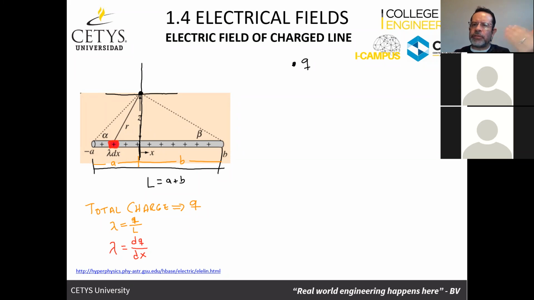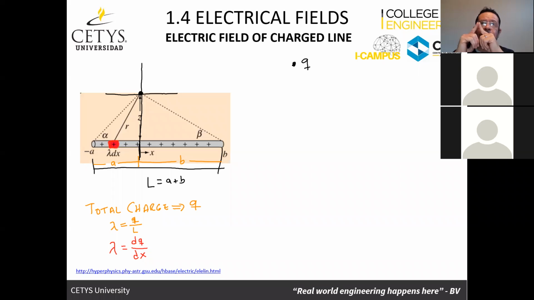And by the way, why am I using the same lambda? Because lambda is a constant. So if I analyze the 2 meters of length and the 4 microcoulomb charge, I'm going to get a lambda.